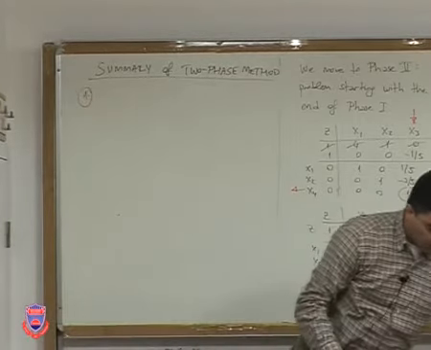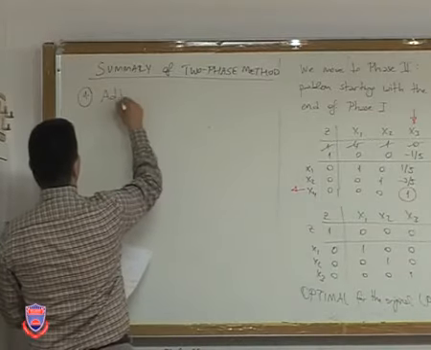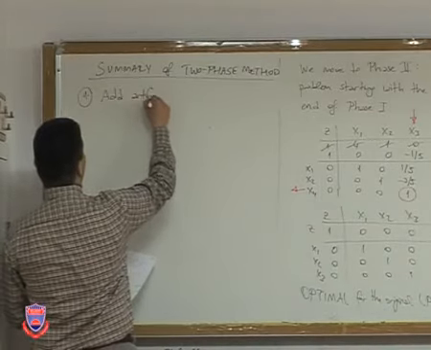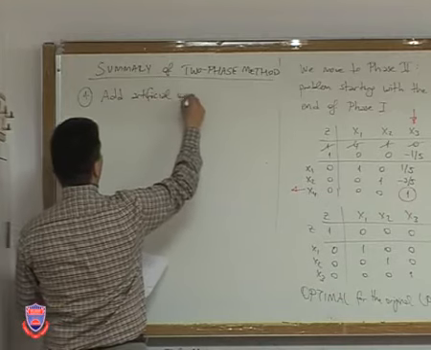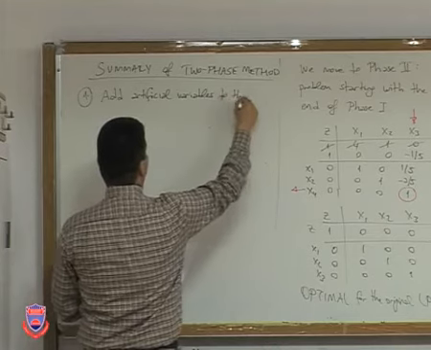So here's a summary. Add artificial variables to the constraints as needed.